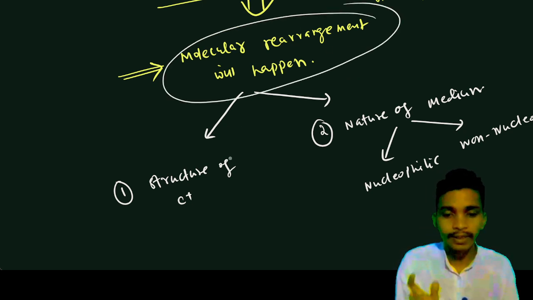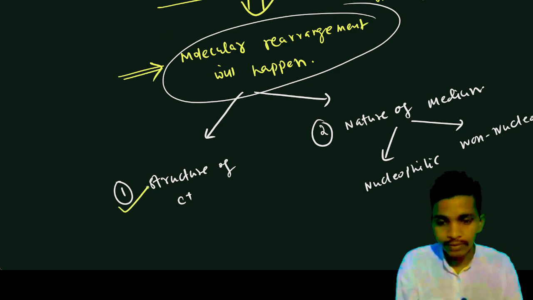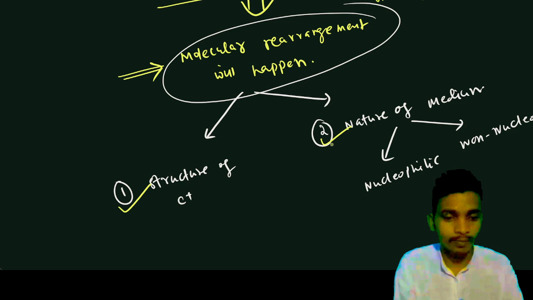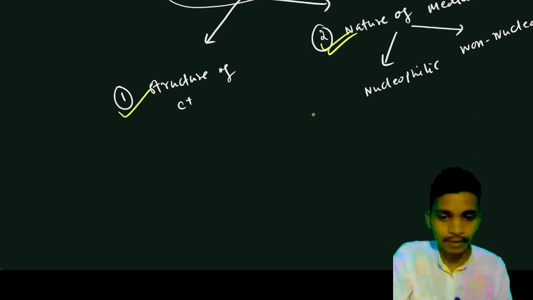That molecular rearrangement depends first on the structure of the carbocation, and next on the nature of the medium. How am I going to explain that?